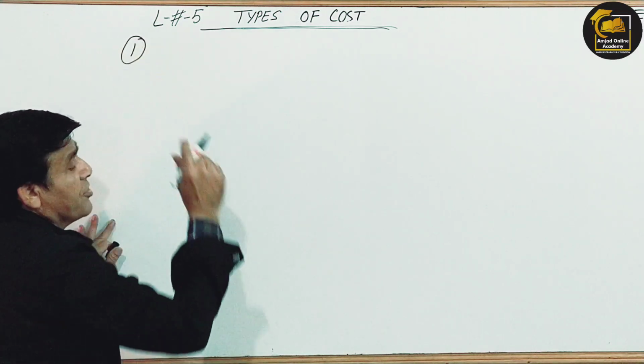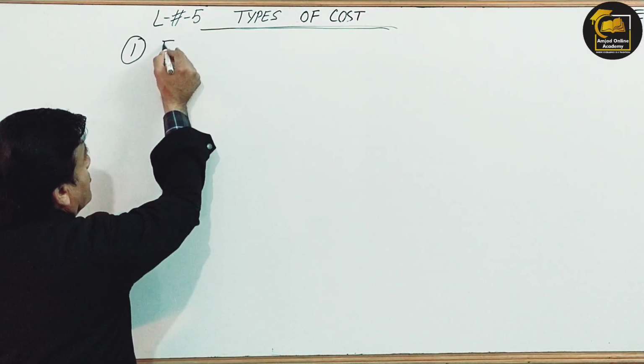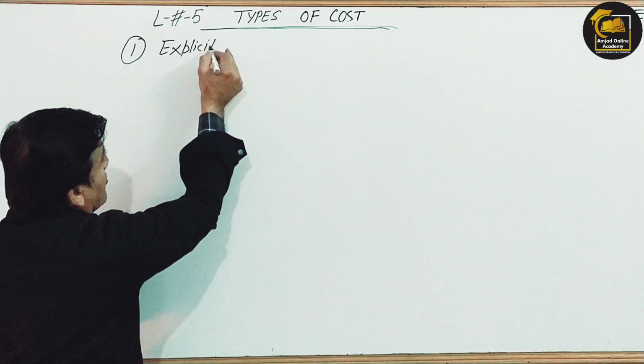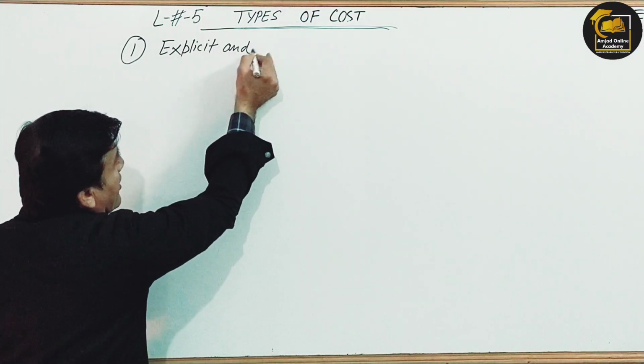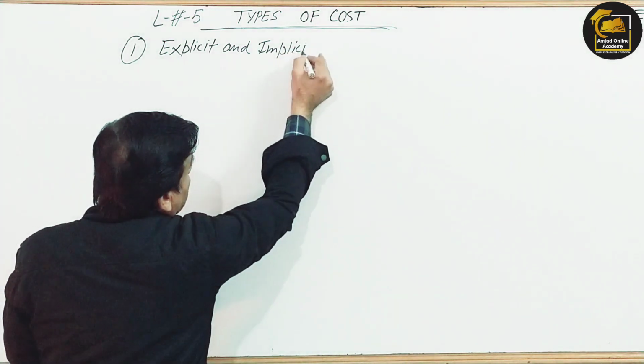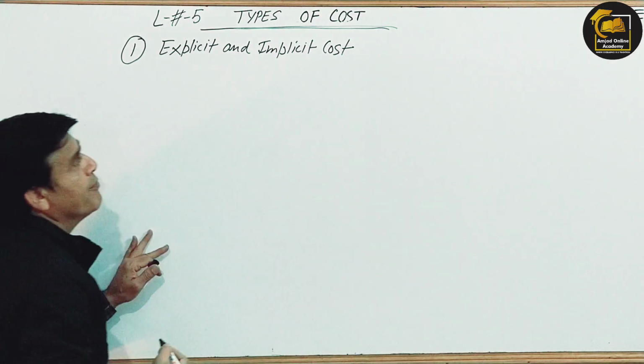First classification, secondary classification: explicit and implicit cost.